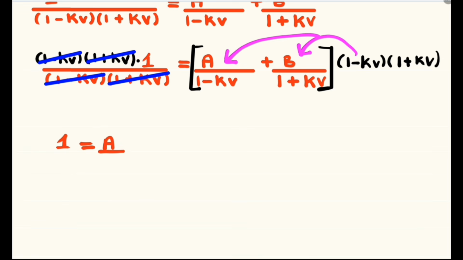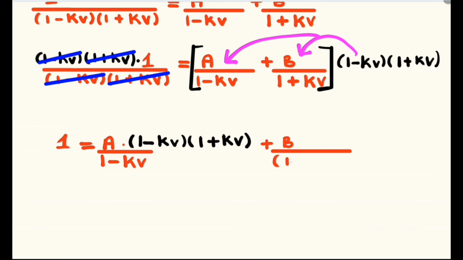So we have a divided by 1 minus kv, which will be multiplied by 1 minus kv multiplied by 1 plus kv, plus b divided by 1 plus kv, and this whole will be multiplied by 1 minus kv multiplied by 1 plus kv.